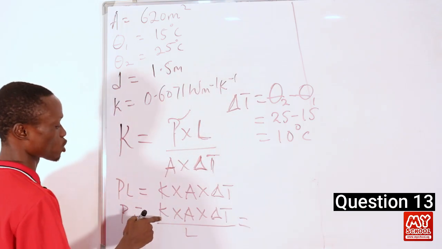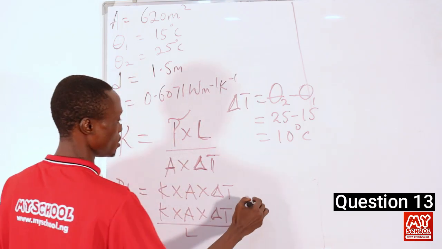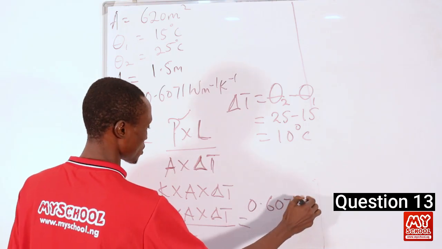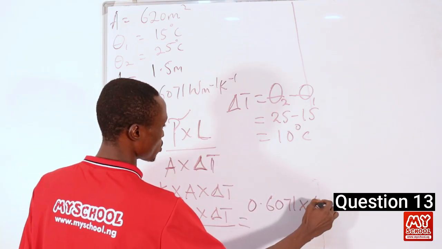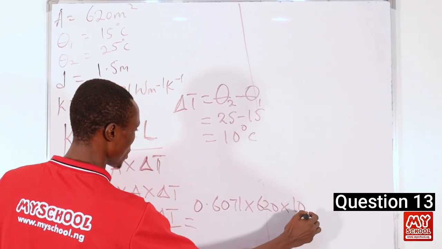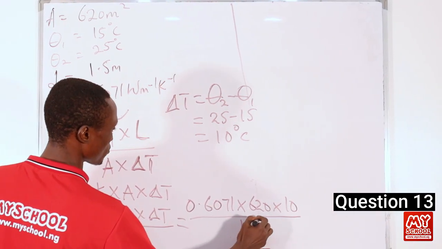Our K, the thermal conductivity, is 0.6071, times area, which is 620, then times change in temperature, which is 10 degrees, divided by 1.5.